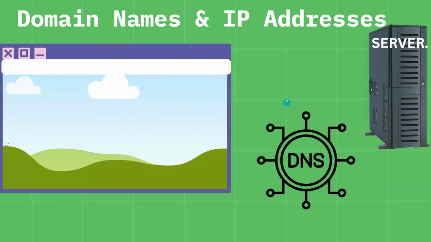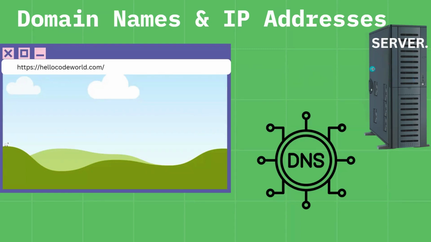You might be wondering, what is a domain name? When we type a website address like this, it's called a domain name, and it is an easy-to-remember address of a website. But servers don't actually understand domain names.